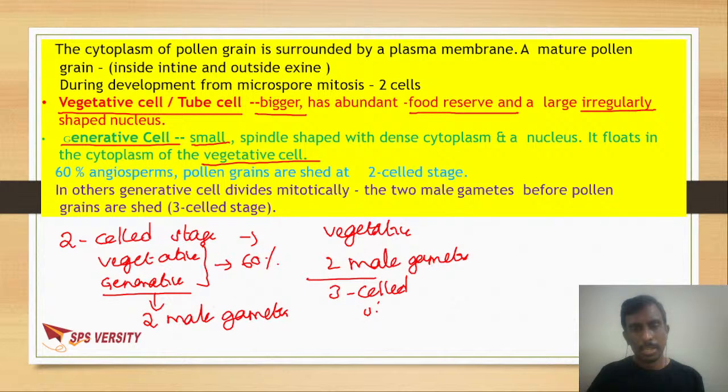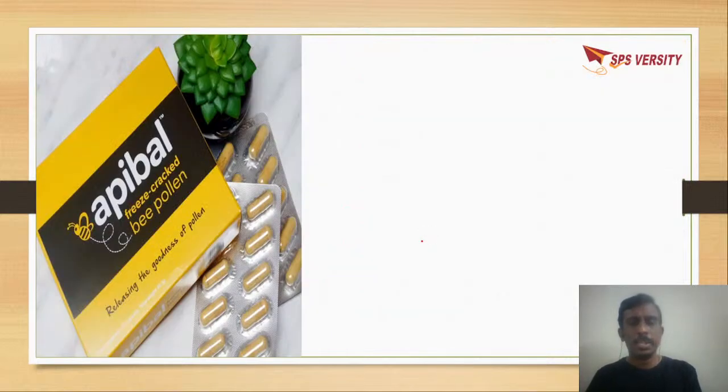In most of the plants, the pollen grains are released at the 2 cell stage. In the remaining plants, they come out at the 3 cell stage. So 3 cell stage means one vegetative cell and 2 male gametes.